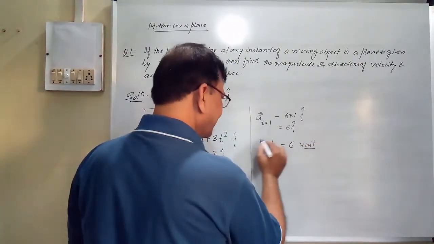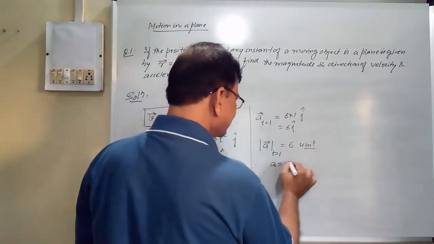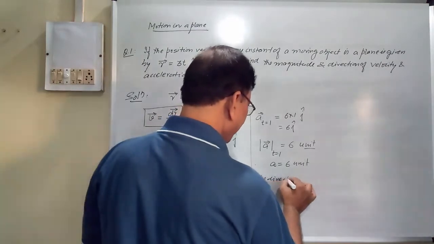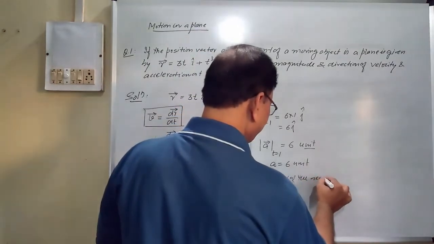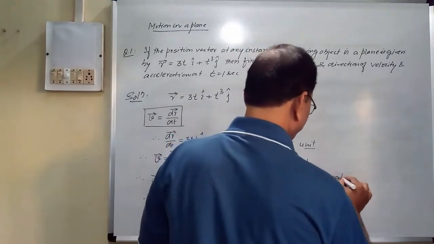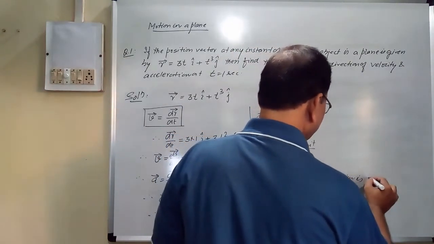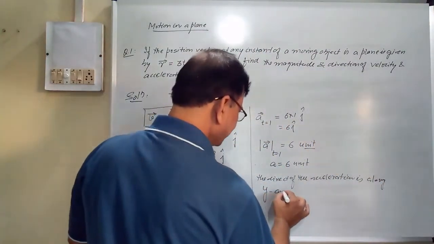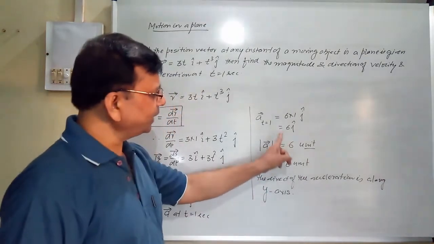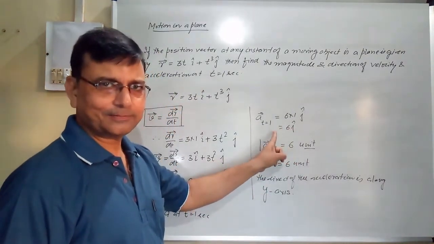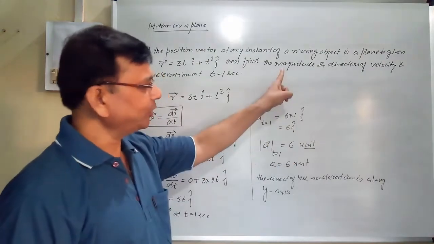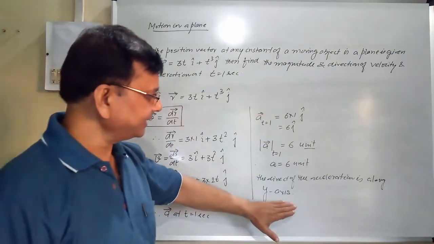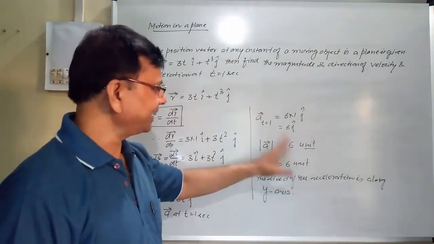This is denoted simply by a, so a is equal to 6 unit, and the direction of the acceleration is along the y-axis, because there is no x term, the i term in this. So the direction will be along j, that is the unit vector along the y-axis. So you will write the direction is along the y-axis and the magnitude is 6 unit.